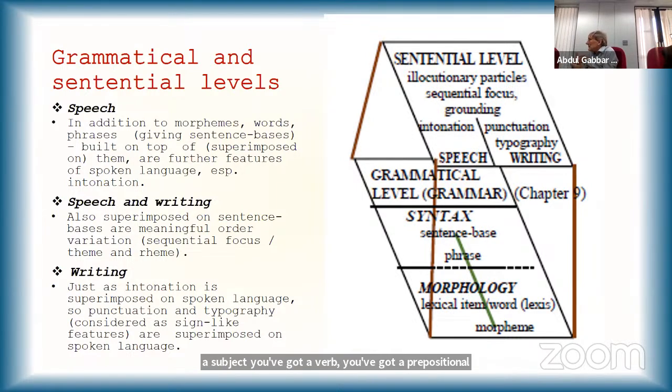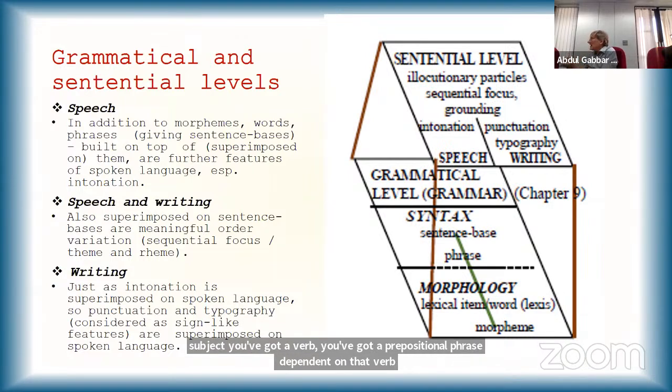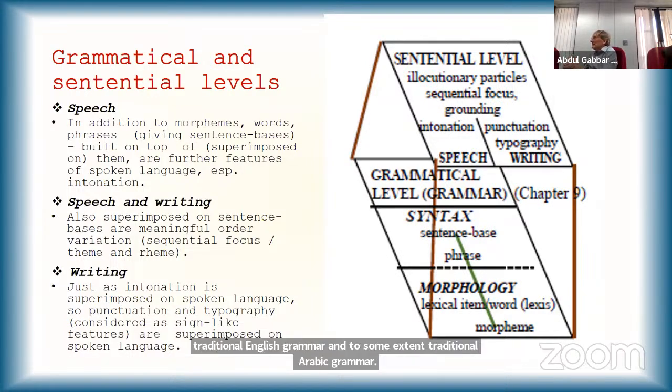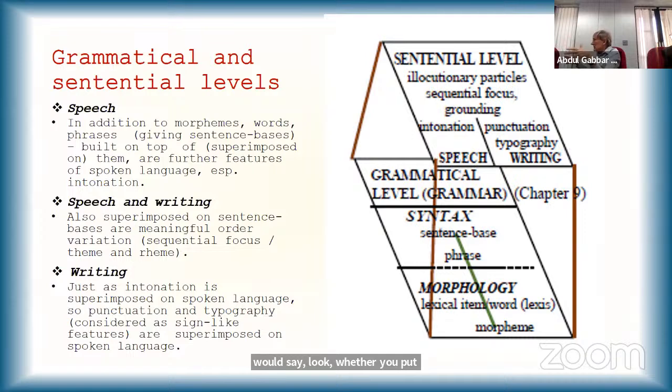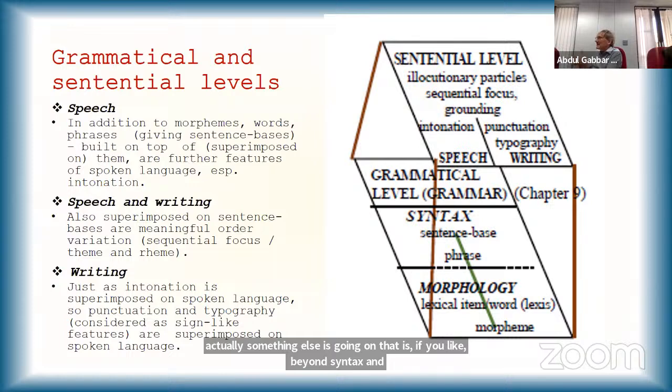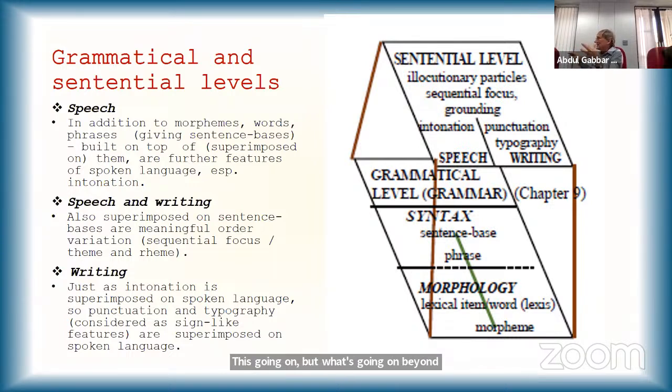And traditional English grammar, and to some extent traditional Arabic grammar, would say, look, whether you put the in the morning at the beginning or at the end, it's the same structure. But actually something else is going on that is, if you like, beyond syntax. And what's going on beyond syntax gives you something more like a sentence.